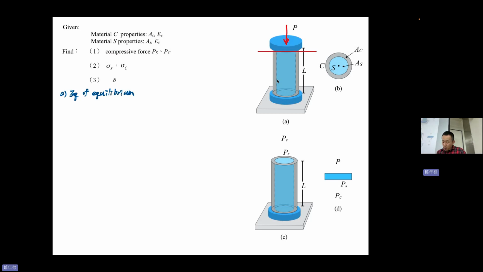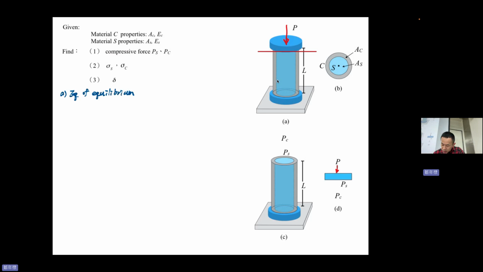We cut it like this, and then we will have two parts, upper part and lower part. Okay, upper part. What is upper part? Upper part is P, and this glass must obey force equilibrium.